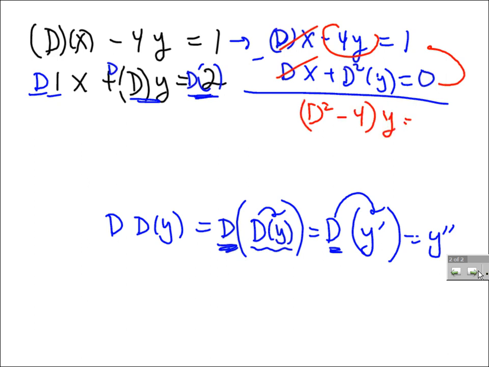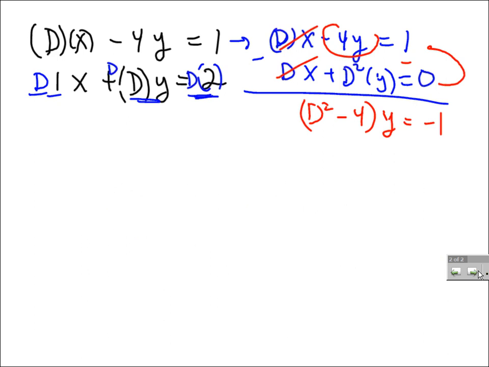I just backed it out for y. This is going to be negative 1. So 0 minus 1 is negative 1. So the auxiliary equation will simply be n squared minus 4 equals 0. Well, you should know that must be 4. Excuse me.